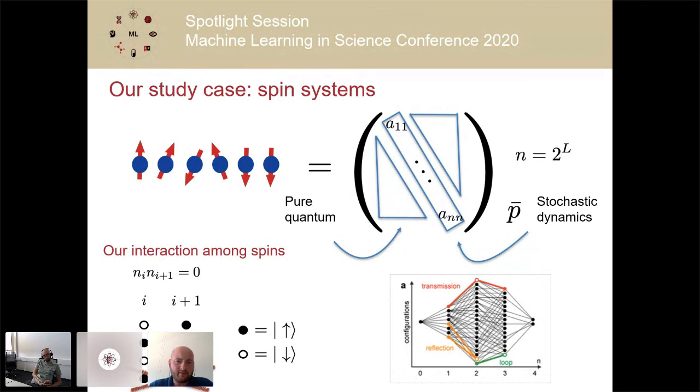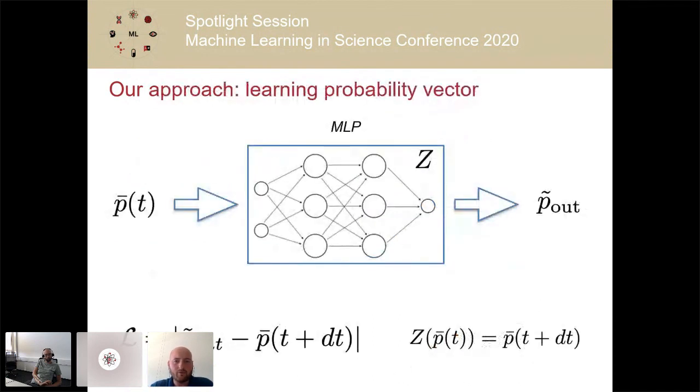So as we can see in the next slide, we want to study this system. In particular, we are designing a machine learning algorithm that can learn the time step evolutor, which takes as input the probability vector at time t, and gives as output the probability vector at time t plus delta t, where delta t is a discretization of time that is chosen a priori, but must be carefully chosen, because of course this approximation can lead to some errors.